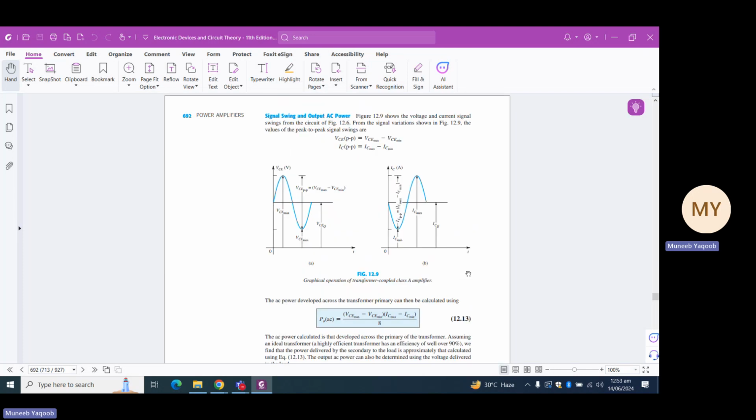So now to calculate the maximum or the minimum AC powers, what we do is consider that VCE peak to peak is equal to VCE maximum minus VCE minimum. And similarly, IC peak to peak is equal to IC maximum minus IC minimum.